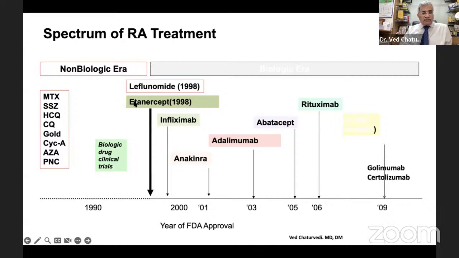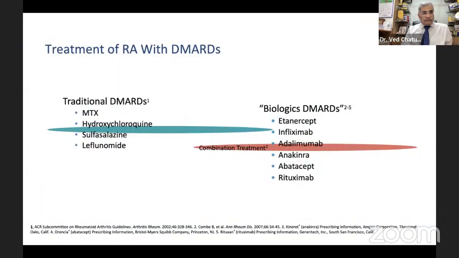So these are called disease modifying drugs, DMARDs. I explained to you about these 4 drugs. Then either you can use a single drug or a combination. Currently, the guideline says you first use methotrexate alone.